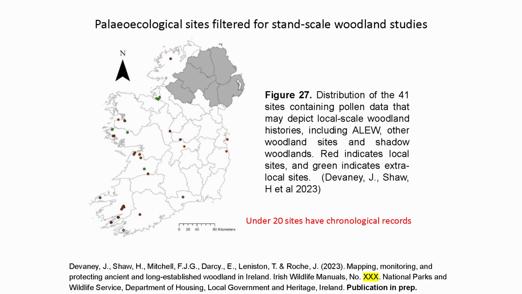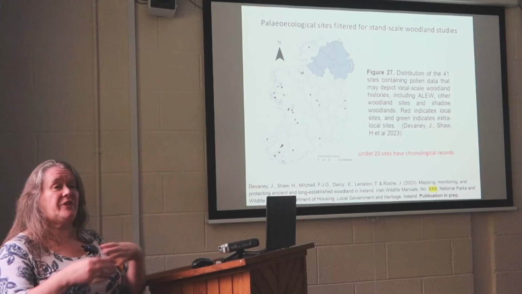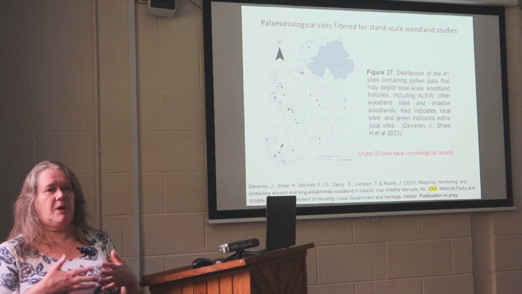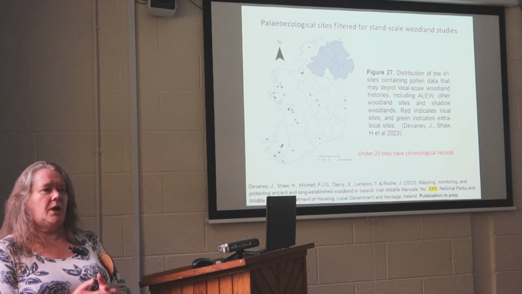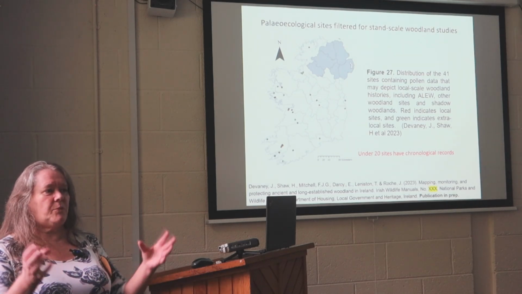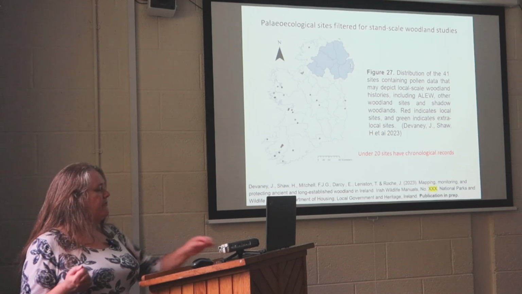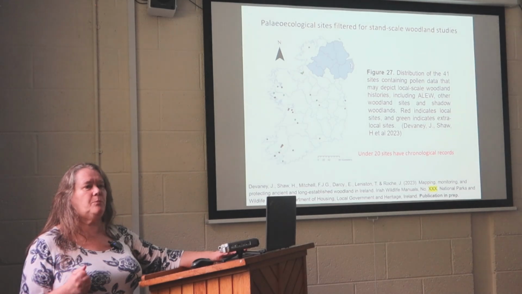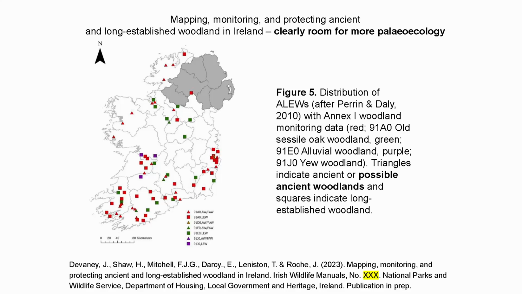I must admit that when I did this work as part of the LEAF project that John was talking about, I was quite surprised at how few there were. If we sift and are really specific about the types of diagram we would use, the local pollen representation in those diagrams, we have quite a small number of sites that can really pinpoint ancient woodland.